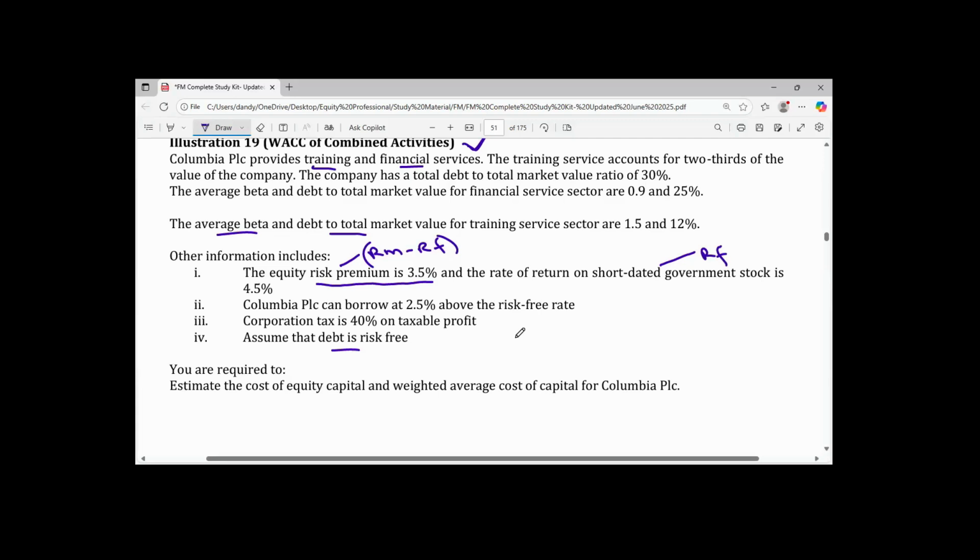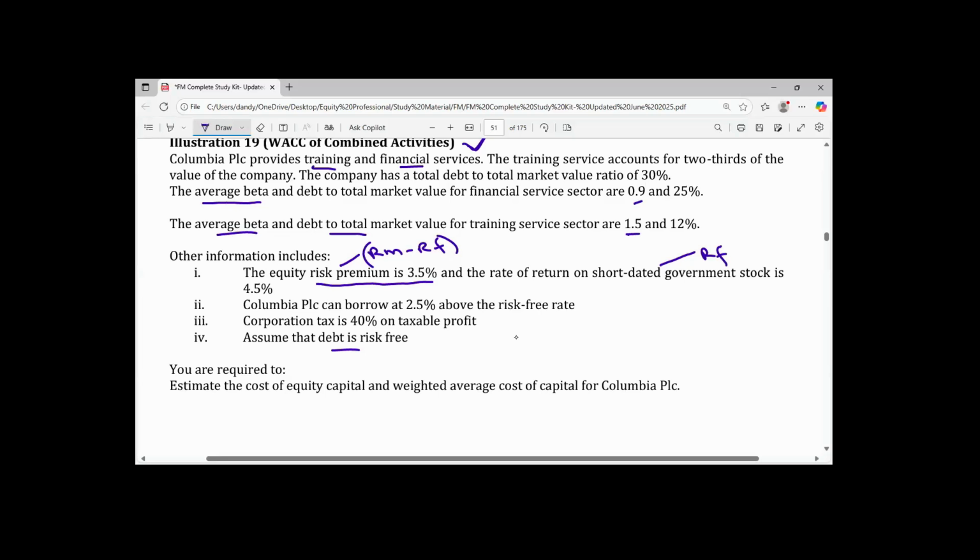To do this, I will go back to the question. From the second paragraph of the question, you are told that average beta and debt to total market value of financial service is 0.9. Beta of financial service is 0.9. Beta of training service is 1.5. All right.